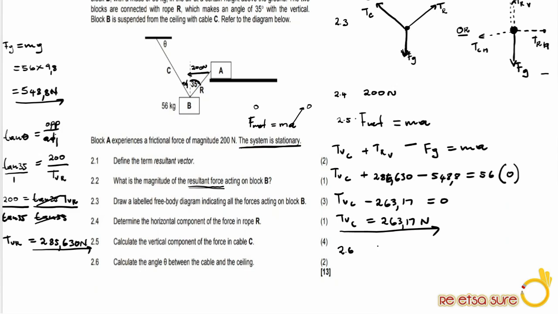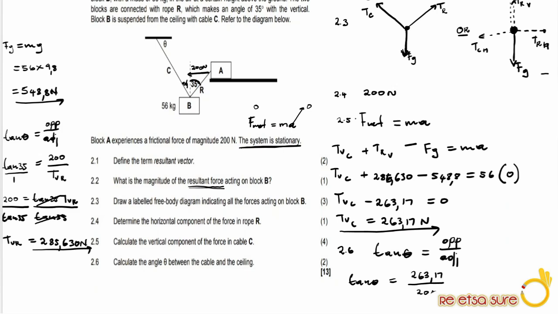So I'm going to say tan theta is equal to opposite over adjacent. Okay, tan theta is equal to the opposite side, which is 263,17, all over the adjacent side, that one of 200 Newton.